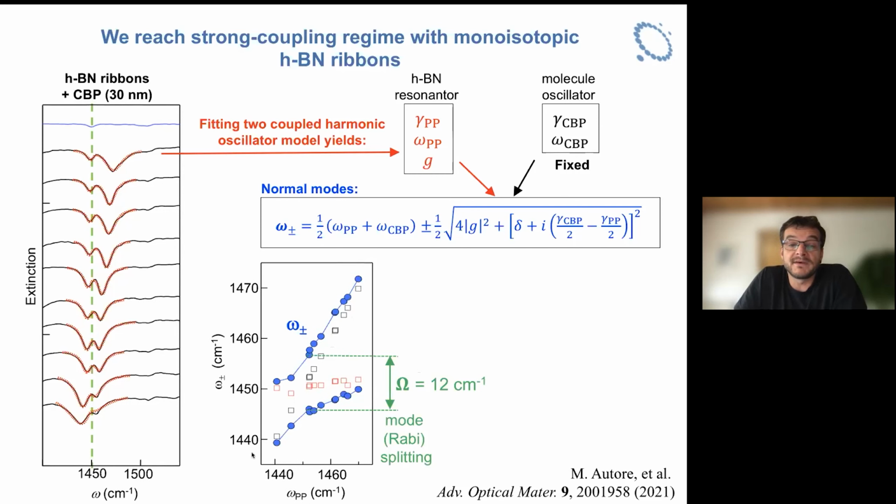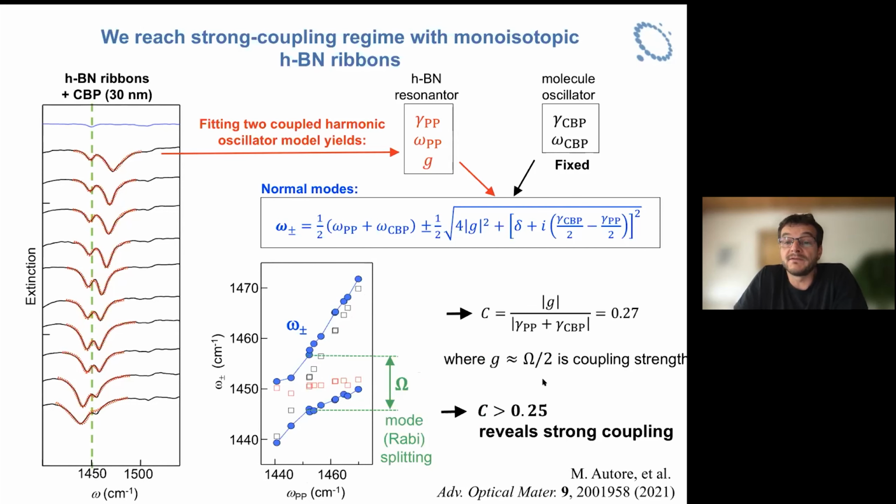We plot here the hybrid mode frequencies versus the frequency of the original phonon polariton resonator. And these are now the eigenmodes. These are not dip positions. These are eigenmodes. And we can see here a clear splitting of these eigenmodes. We get a splitting of about 12 wave numbers. And we can analyze this.